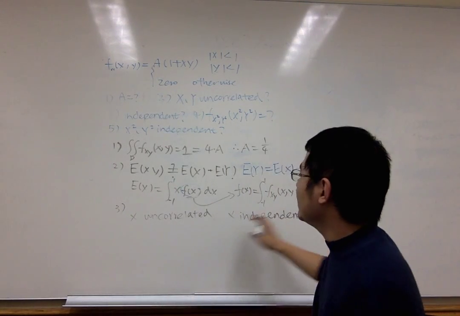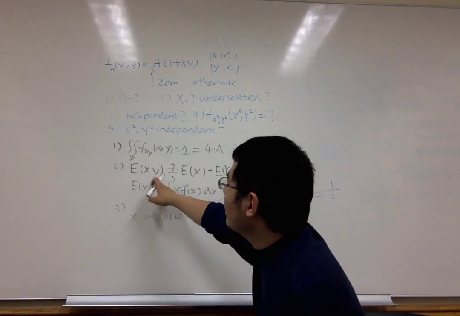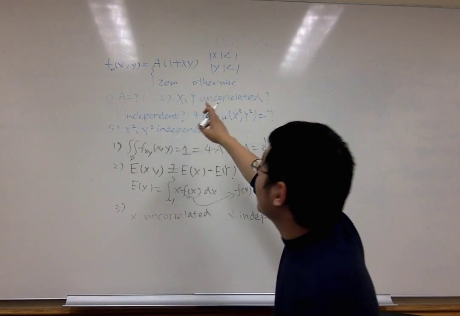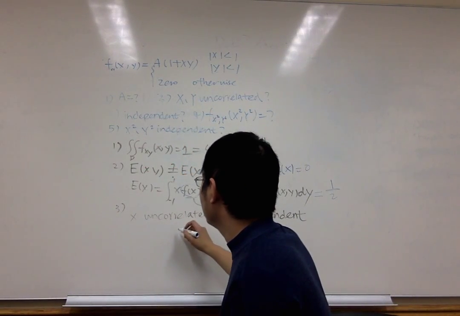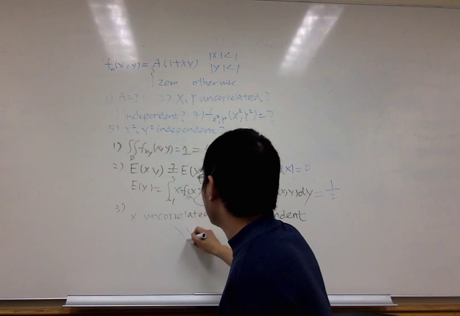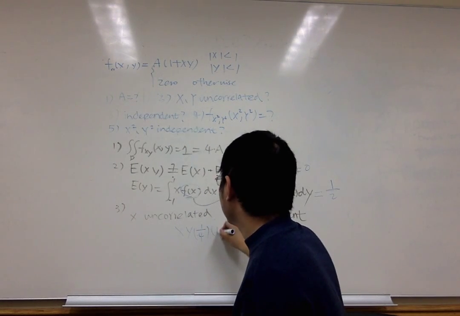However, when we calculate the expectation of xy, according to the theorem, it should equal the integral of xy multiplied by their joint density function.